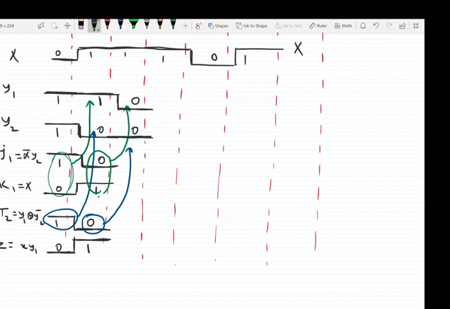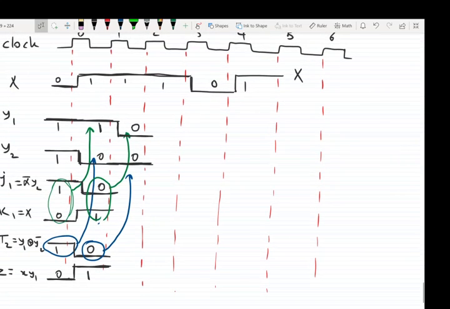Now that we got Y1 and Y2, it's time to move to determine J1, K1, T2. So J1 is X bar. X is 1, so X bar is 0, so J1 of course will be 0. What about K1?